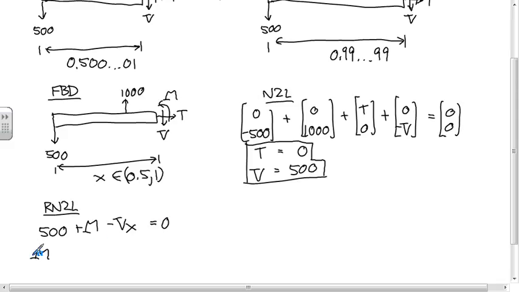So M is equal to Vx minus 500, and that is 500x minus 500.